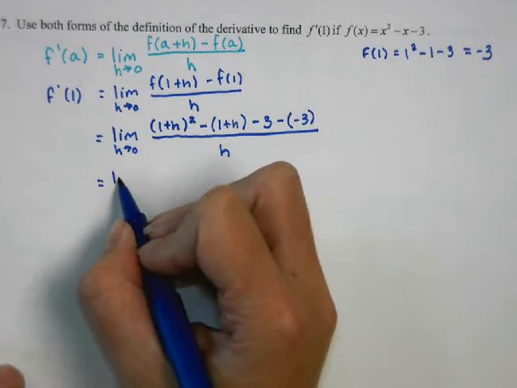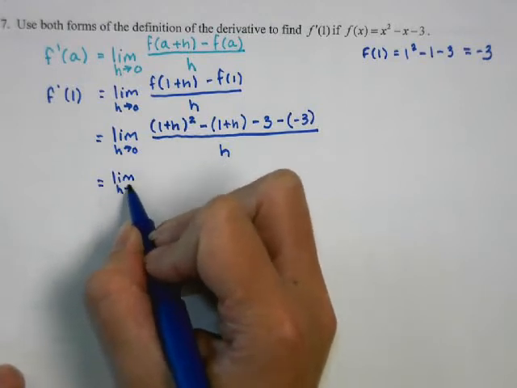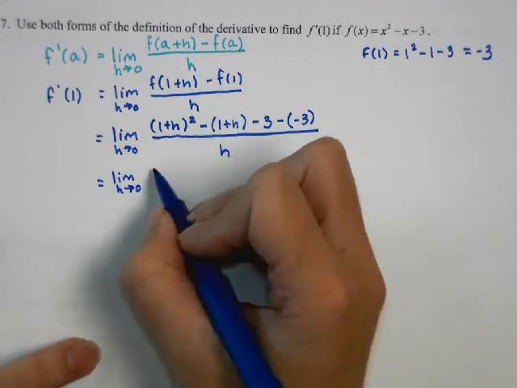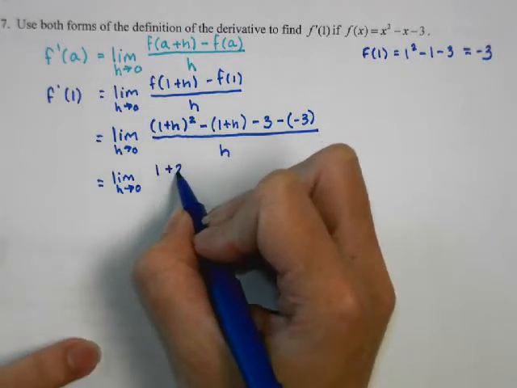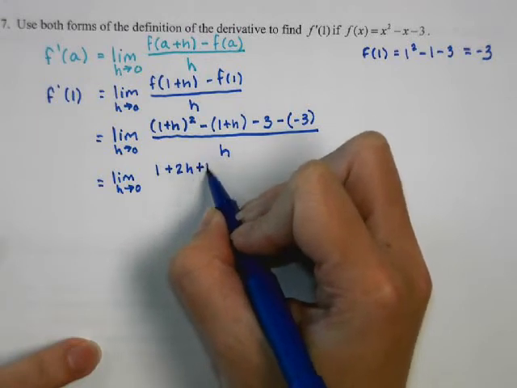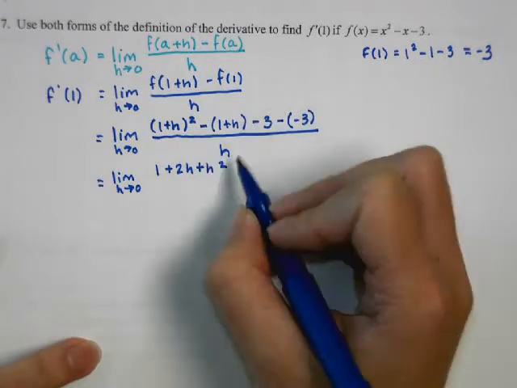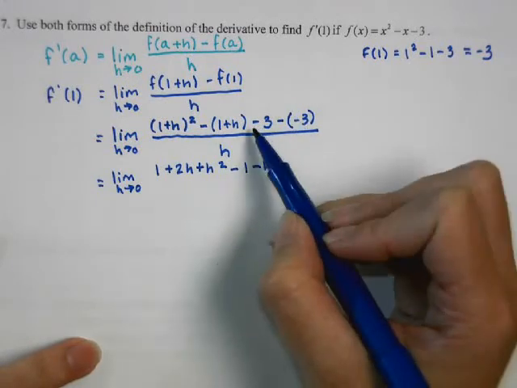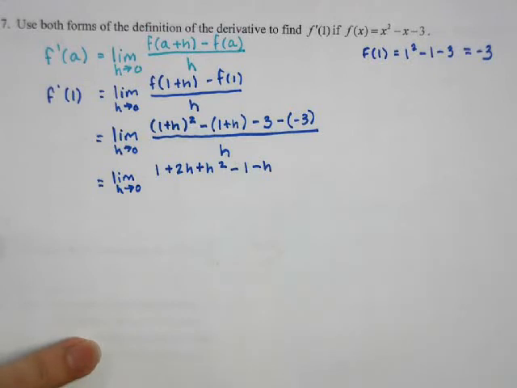Then we just do some simplification. So (1 plus h) squared is going to be 1 plus 2h plus h squared. Distribute through that minus, so minus 1 minus h, and then a negative 3 minus a negative 3 is 0.